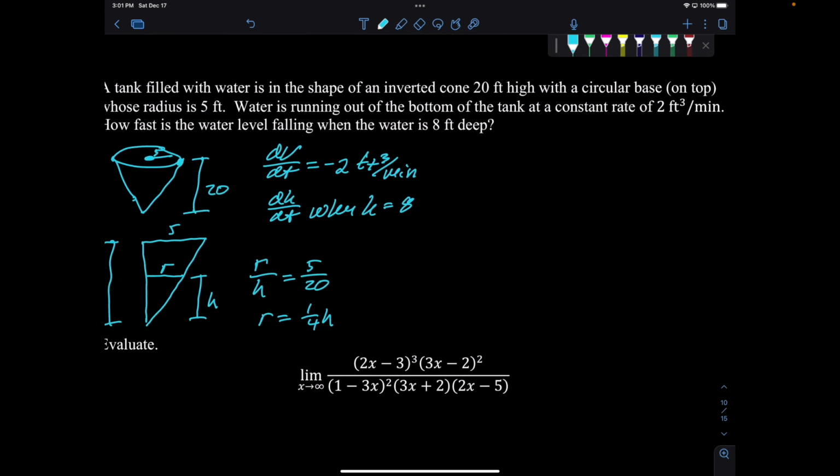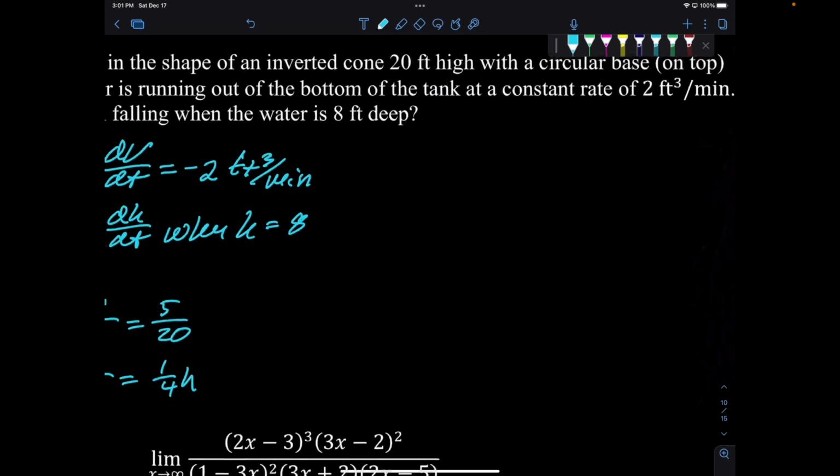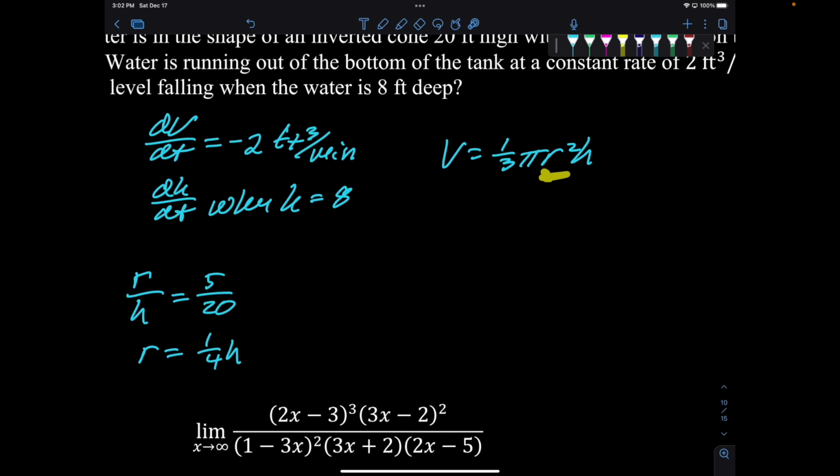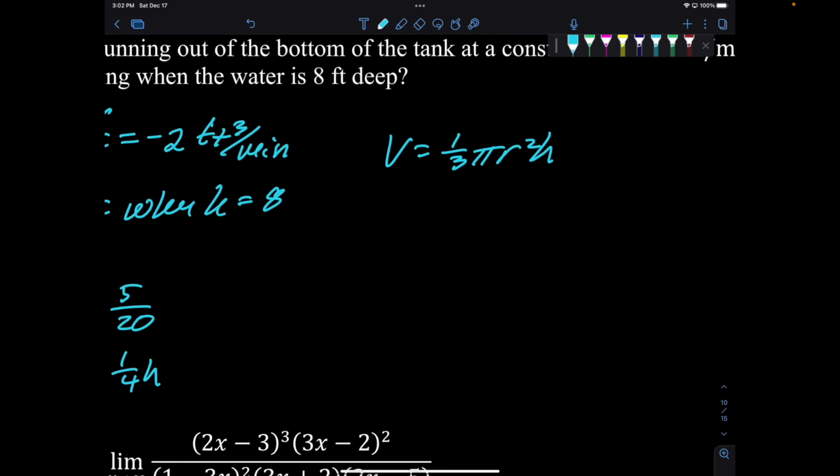We're talking about the volume of a cone. I know the volume of a cone is 1/3 π r squared H. But remember, our goal is to get rid of R because we're being asked everything about H, and we know that R is H over 4.